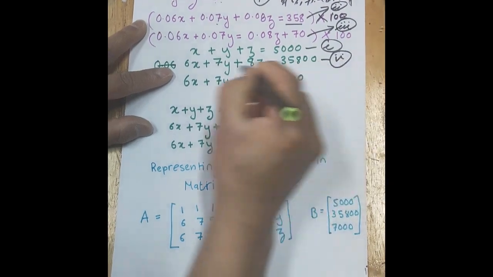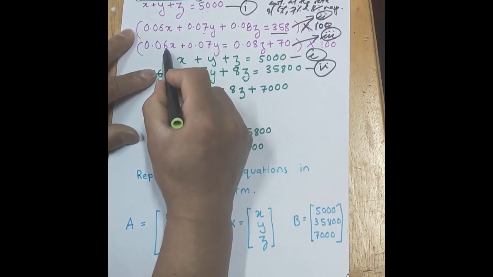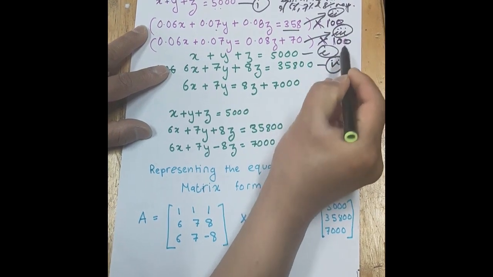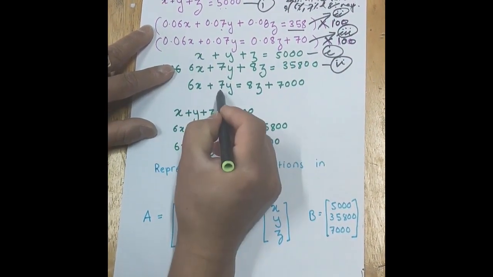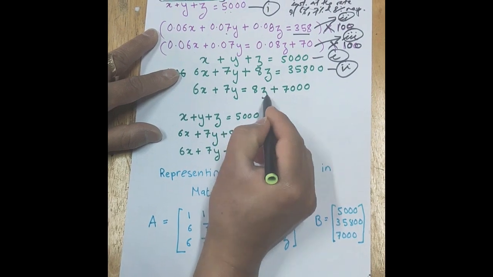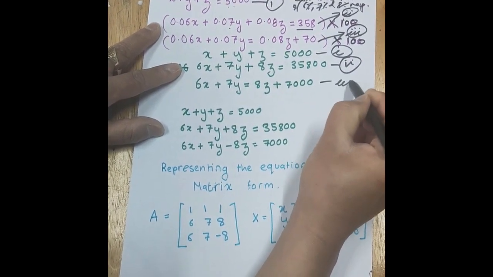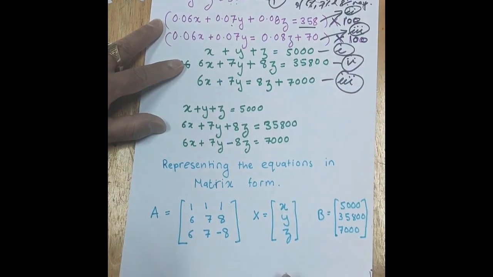That's our second equation. And similarly, you can simplify our third equation by multiplying by 100. So we get 6x plus 7y equals 8z plus 7,000, which is our third equation.